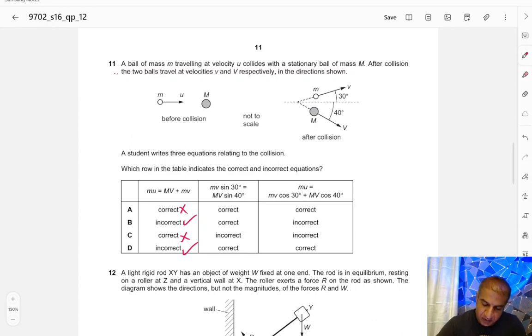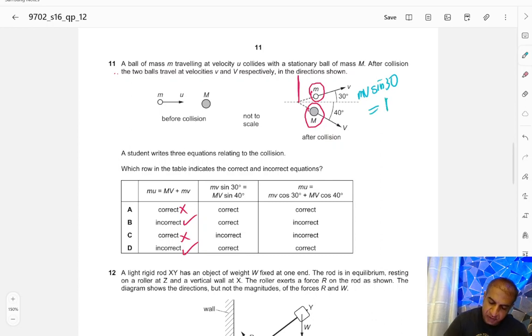So that means the momentum of this ball must be equal to the momentum of this ball in, let's say, this is the vertical direction or maybe the y-axis. ये वाला जो momentum होगा वो इसका हो जाएगा and that should be equal to the momentum of this. So if we are going to resolve this in the y-axis, so that means mv sine 30 should be equal to MV capital sine 40.